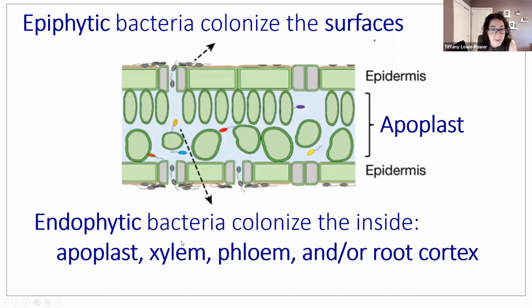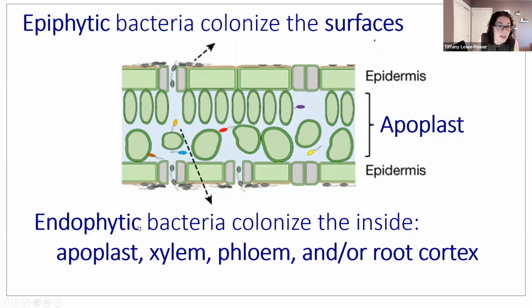The endophytic bacteria also can colonize the vascular areas of plants. So the xylem, which is transporting water from roots to shoots, and the phloem, which transports a lot of the sugars from the leaves to around the plant. And endophytic bacteria can also be in the root cortex, or really anywhere inside the plant. There are some bacteria that predominantly are on surfaces and others that are predominantly inside the plant.